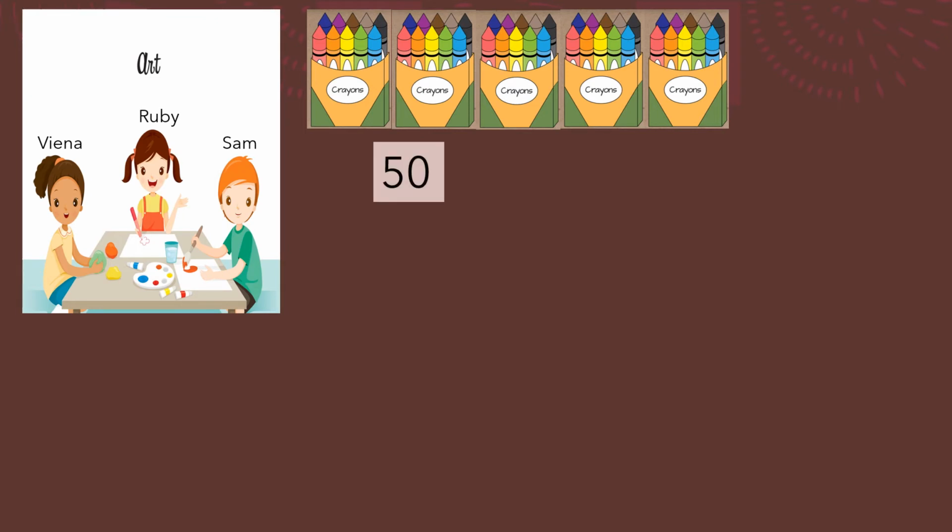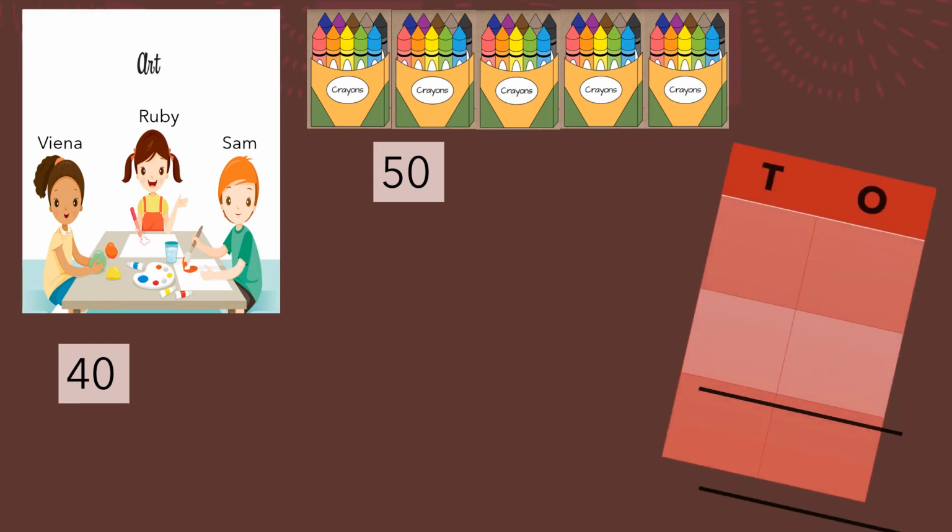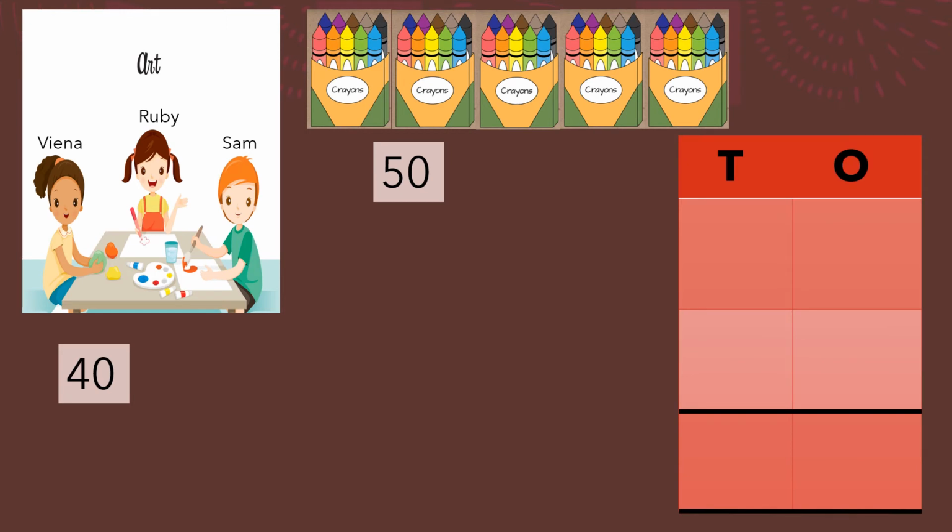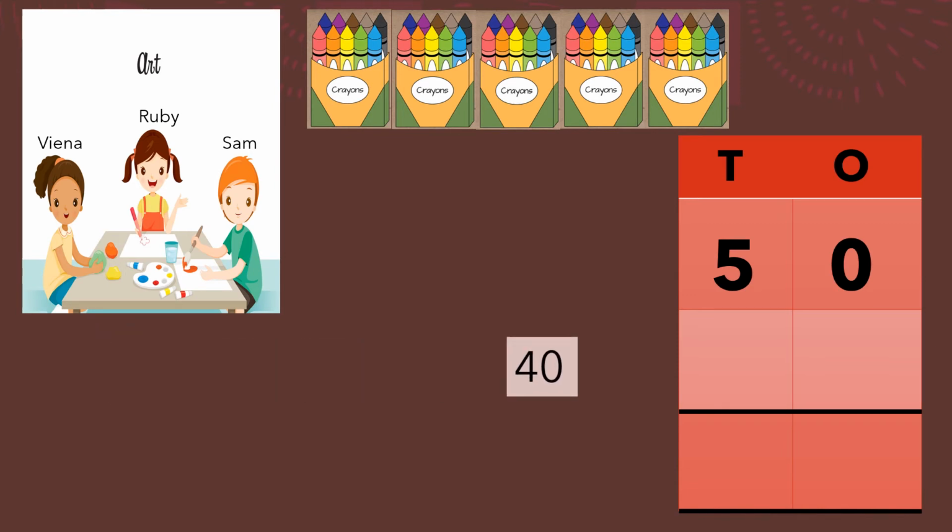Because you know that 5 tens is 50. She gives 40 to her friends. How many crayons are left with Ruby? In the table, let us subtract the 2 numbers. The first number going in the table will be the bigger number, 50, and the second would be 40.